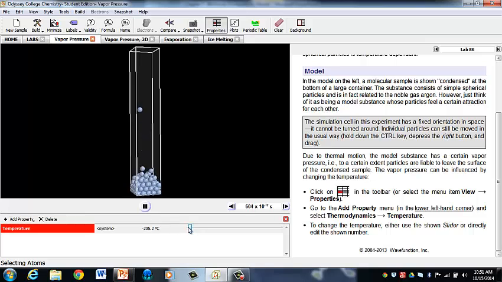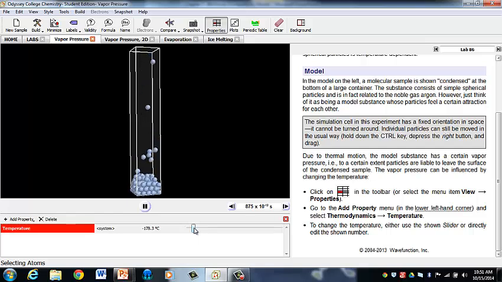If I raise the temperature, I'll increase that proportion that can break away. And you'll notice sometimes when they come back down to the surface, they bounce off. Sometimes they come back down to the surface and they stick. This is actually constantly going on anytime you have the surface of a liquid.